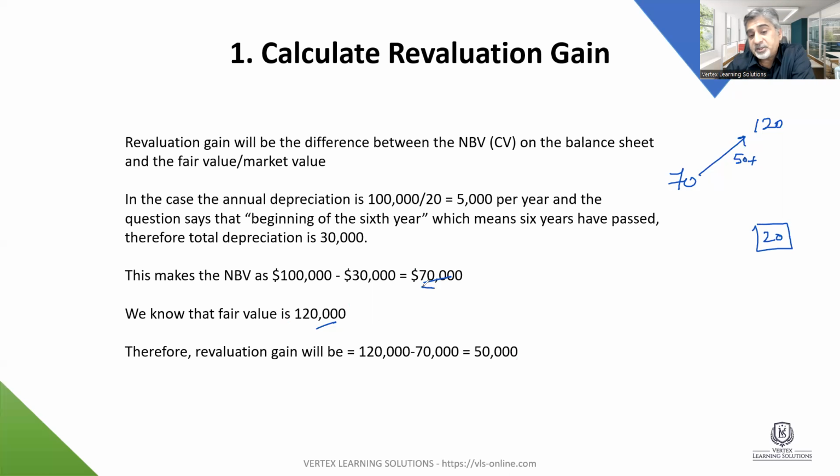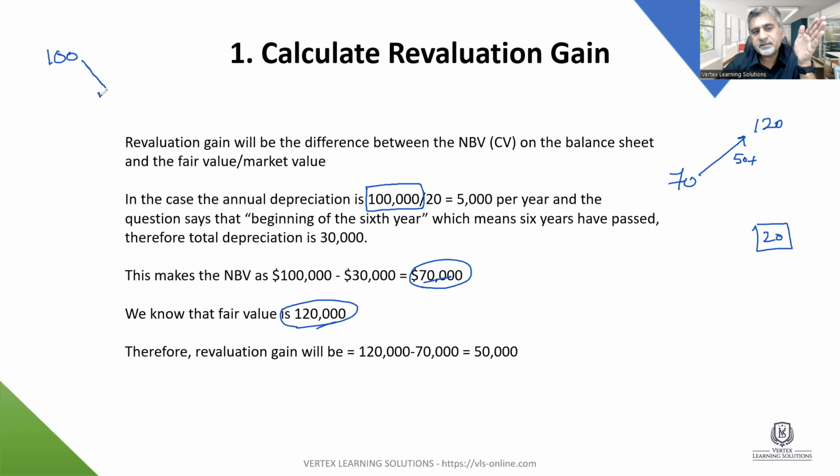I mean, in the balance sheet, it looks like 50,000. But in reality, it is not. You know why? Because when you purchased it, it was 100,000. It was 100K. You depreciated the asset for 6 years.